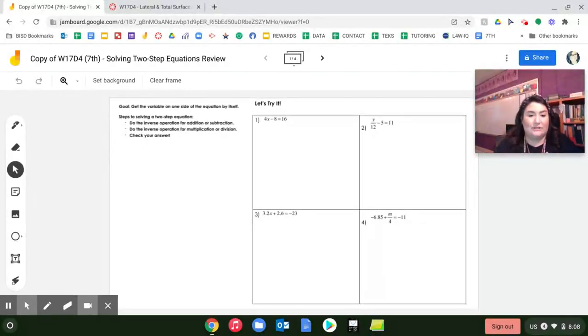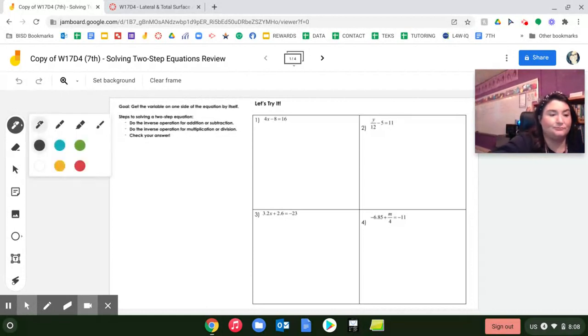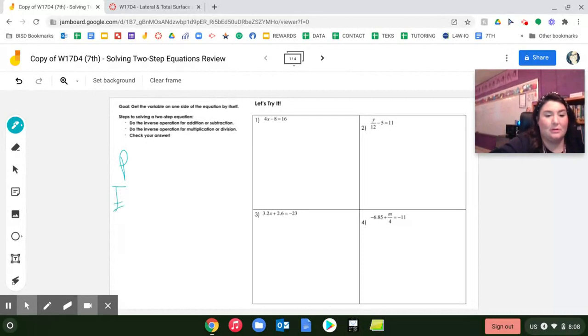Okay, so let's go over solving these two-step equations. The first thing we need to remember is our order of operations, which is PEMDAS. That is the order that we simplify expressions.